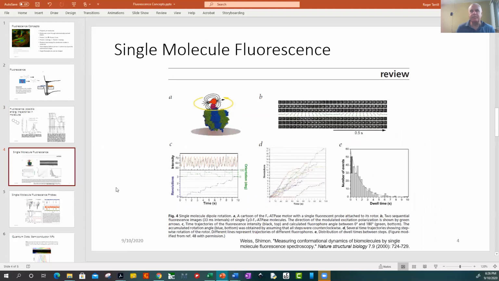this figure here, right? There's just so much to unpack in this. It's an amazing figure, right?